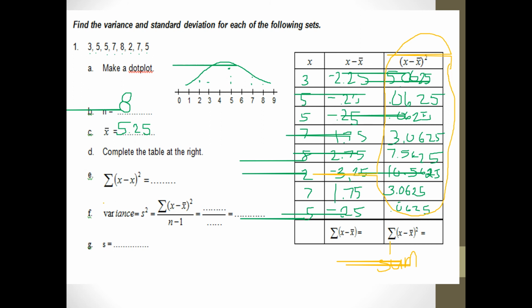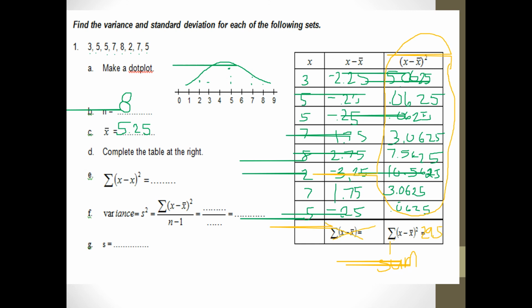Okay, so here we go. 5.0625 plus 0.0625 plus 0.0625 plus 3.0625 plus 7.5625 plus 10.5625 plus 3.0625 plus 0.0625. Enter. And that's going to give me, so this sum right here is going to be 29.5. Don't worry about this right here.